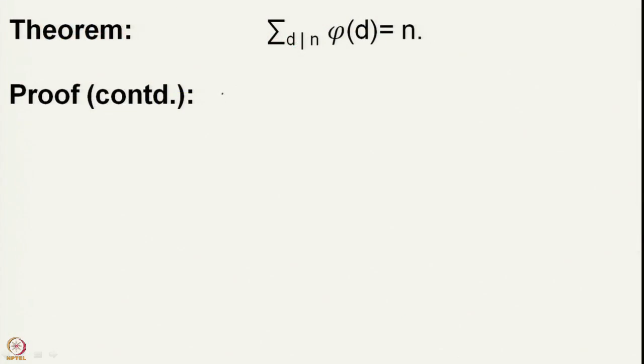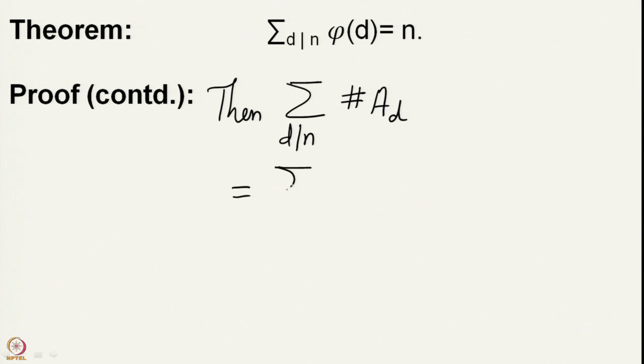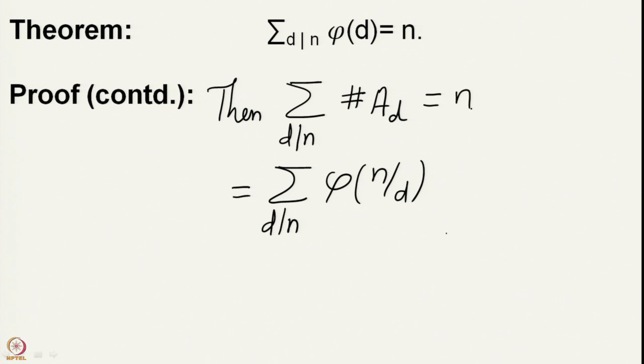So, you have the divisor d and you get the Euler phi function of n by d, and therefore, when we write this final thing down, summation over d dividing n of cardinality A_d is summation over d dividing n of phi of n by d, and we have already seen this to be equal to n.